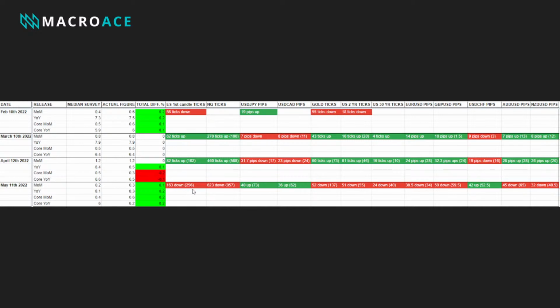So we'd seen 256 ticks down. In the Nasdaq, we had seen 623 ticks down, and a total of 957 ticks down. Dollar yen about 40 pips towards the upside and 73 pips after 10 minutes.